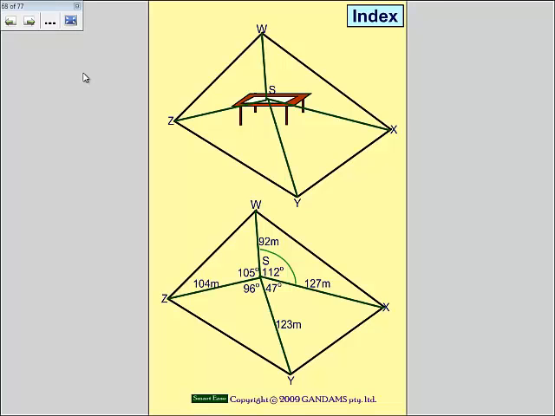From point X, you only needed to turn 47 degrees to see point Y, which was behind the original way you were facing. From there, you only had to turn 96 degrees to look at point Z, and lastly from point Z to point W, that was 105 degrees. Always worth noting that this is a full circle, so if you add all those numbers together, you should end up at 360 degrees.